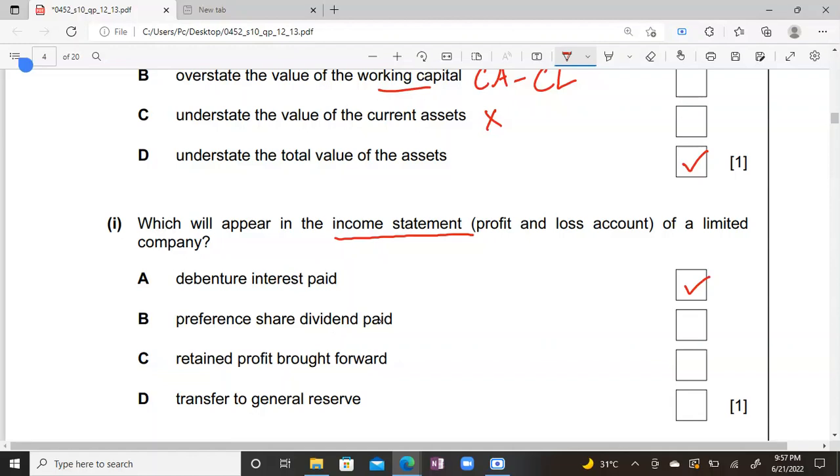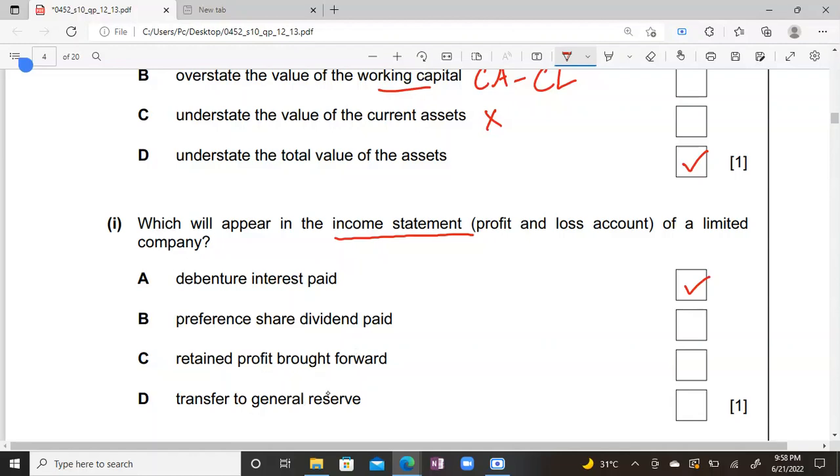For the preference share dividend, they didn't say the different types of preference shares, like redeemable, irredeemable. So that is not in the syllabus, and at the moment I am not going to discuss it in detail. Your simple answer is debenture interest paid.